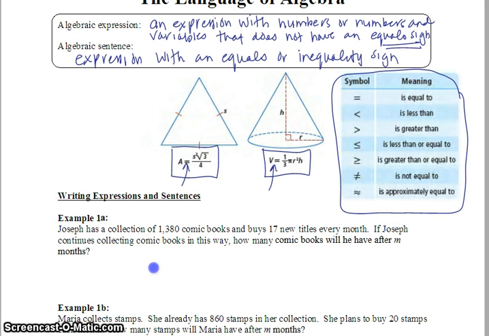So Joseph has 1,380 comic books, and he's going to buy 17 new titles every month. So the "and" tells us that it's plus. So plus 17 new titles every month. So we need to multiply that 17 times m, where m equals months. That is an algebraic expression because there is no equal sign. 1380 plus 17m.